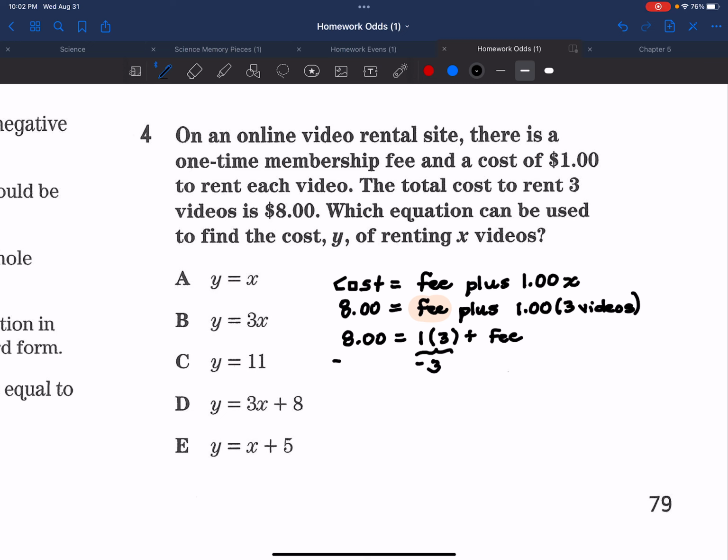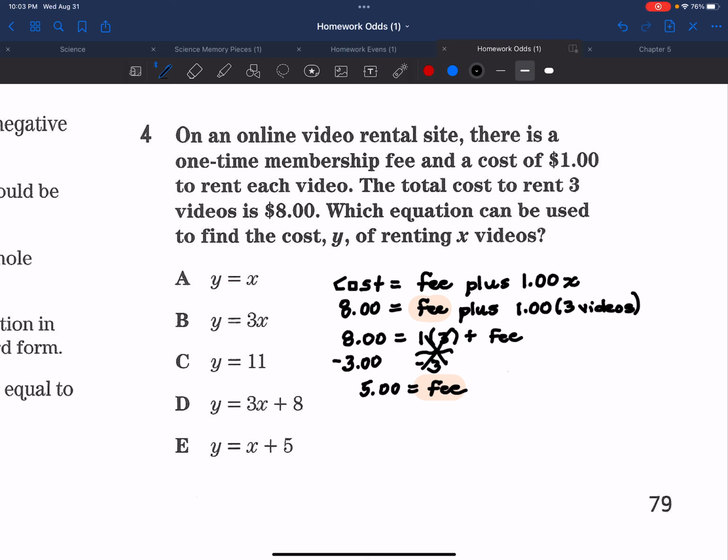Subtract that from $8, and we end up with $5 for the fee. The fee is baby b. The fee you have to pay whether you rent anything or not. You have to pay the fee just to become a member. So that doesn't factor into your rentals, it's just that base fee.